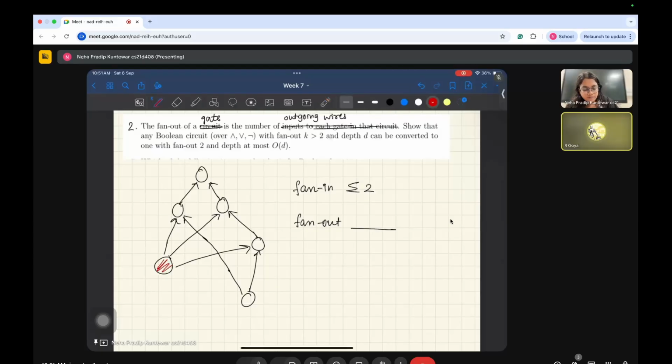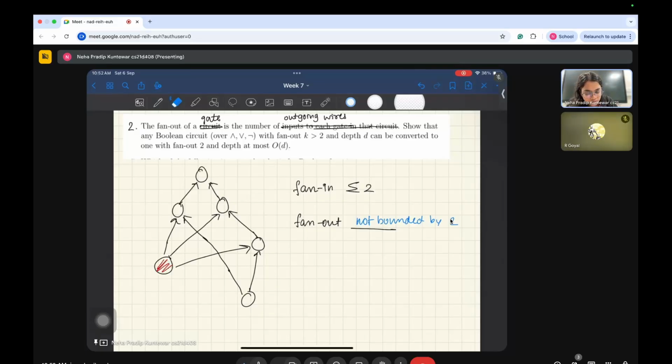Since I am already interested in the depth, is it possible that I create a duplicate or dummy copy of it? Exactly, that's the correct idea.